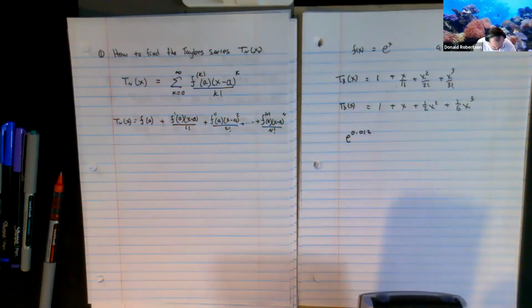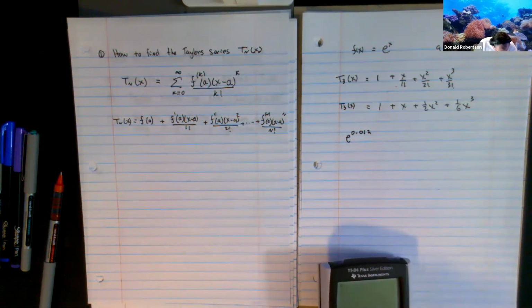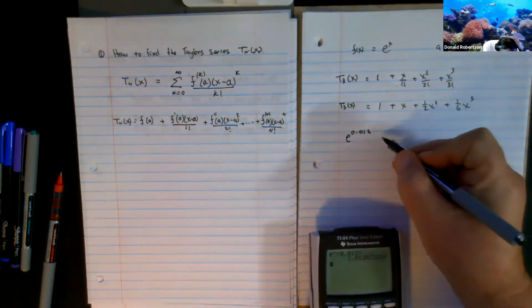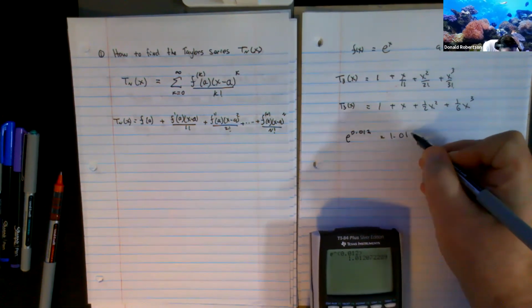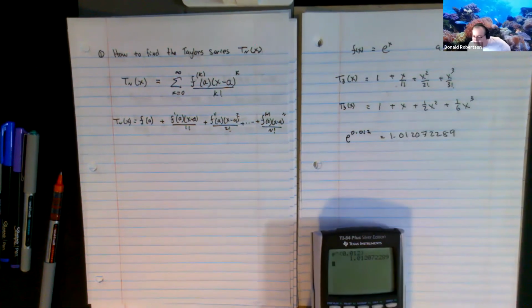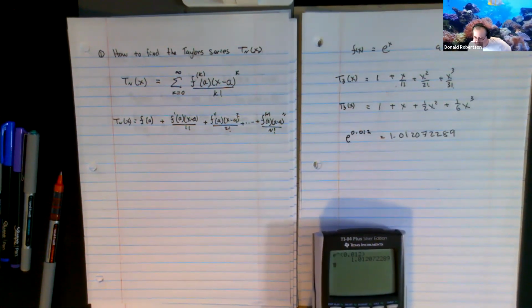Now I'm going to go to my calculator and tell you what the answer is. E to the power of 0.012 is about 1.012072289. Great, that's what it says.